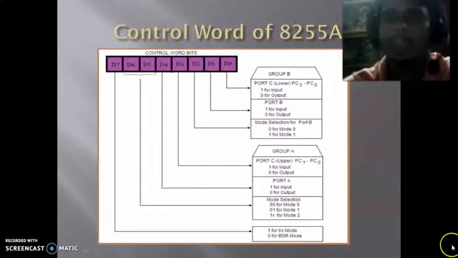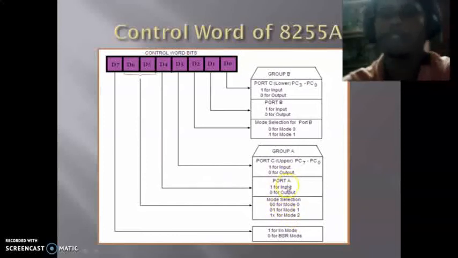Now D5 and D6, these 2 bits are used to select the mode of port A. If it is 0, 0, then that will select mode 0. If it is 0, 1, then that will be mode 1. If it is 1, don't care, then it will select mode 2. So that is the way the port A modes can be selected by using D5 and D6.